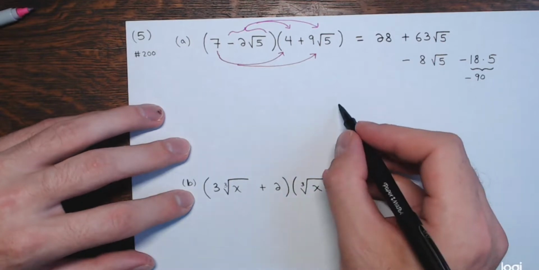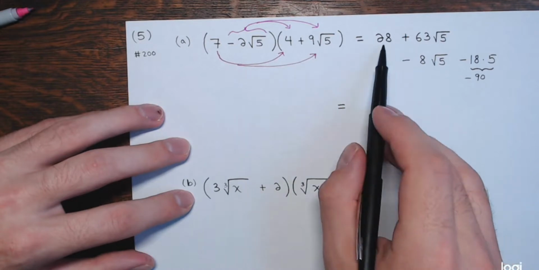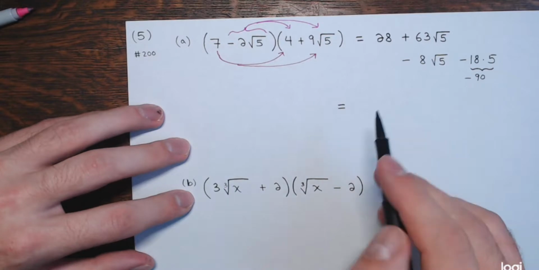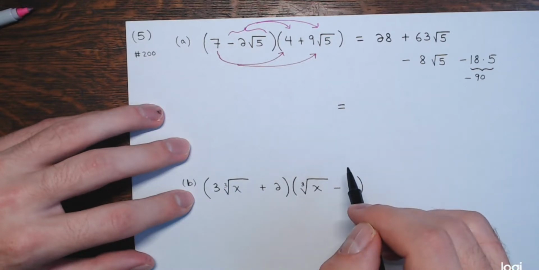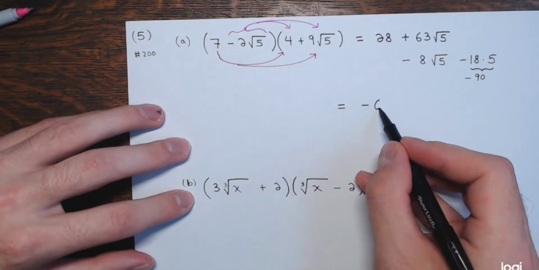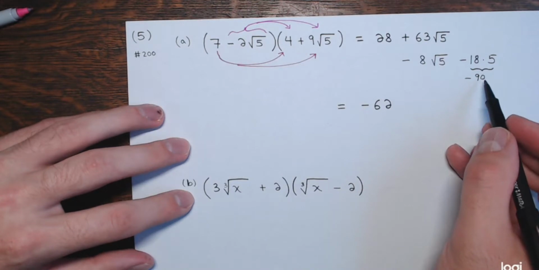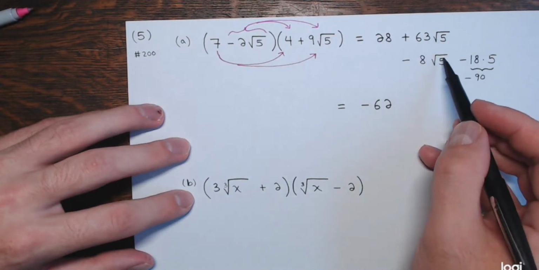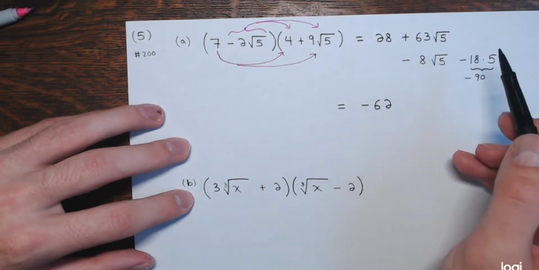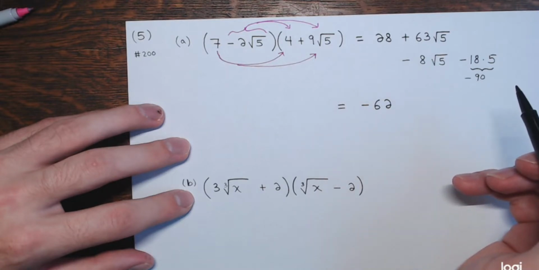And then I combine like terms and terms with like radicals. Let's see, 28 and negative 90. Negative 62. Right, it'd be negative 62 when I combine the 28 and negative 90. And then the like radical terms, these terms with the square root of 5, just combine the coefficients. 63 minus 8 would be 55.